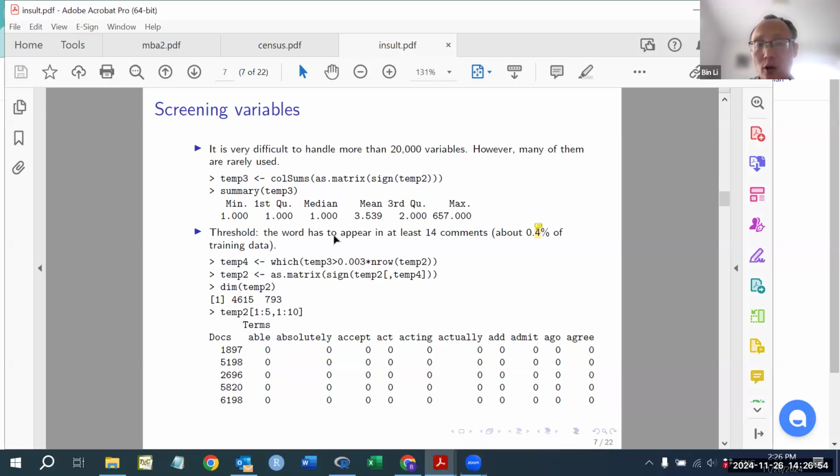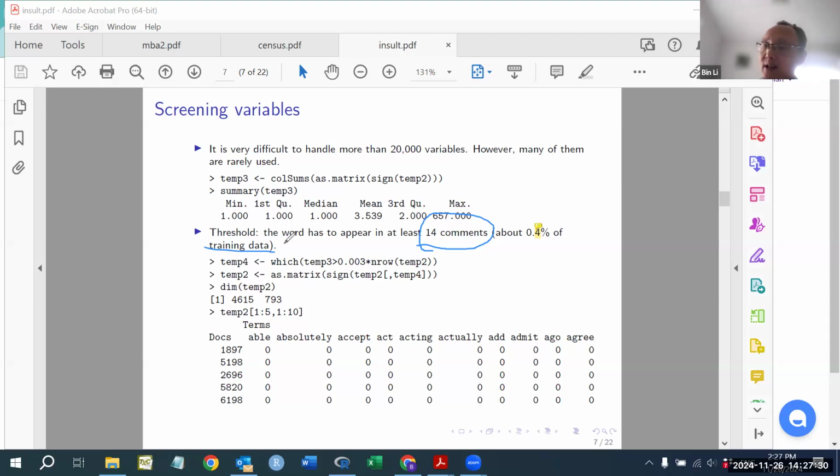We want the word to appear in at least 14 comments, which is about, there's a typo, 0.3%, not 0.4, 0.3% of the training data. Okay, so the words that we keep have to appear in at least 14 comments. That means it's about 0.3% of the total commentaries in the training set.